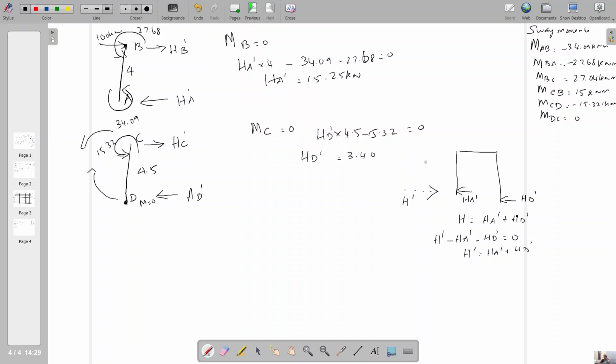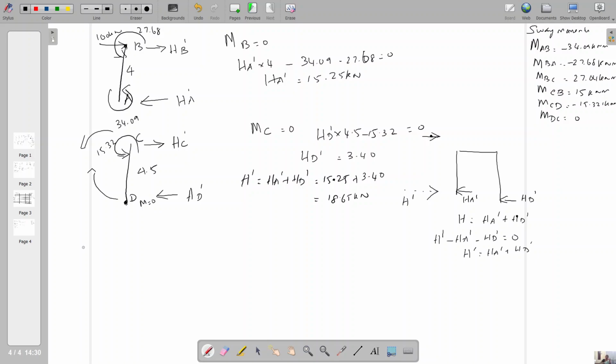HA dash and HD dash are the internal components, which are created internally for the externally applied load. So the load will be in this direction, so that the reaction will be in the opposite direction. So H dash equal to 15.25 plus 3.40, so totally 18.65 kilonewton.